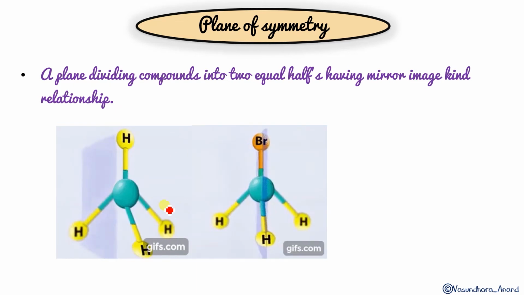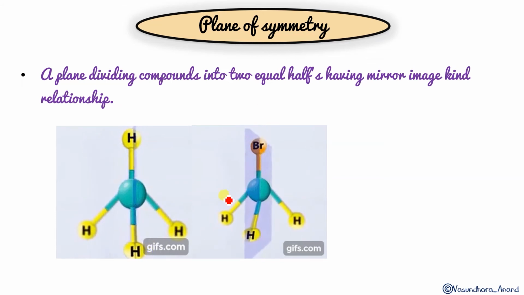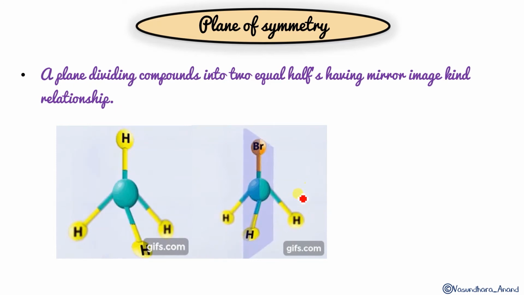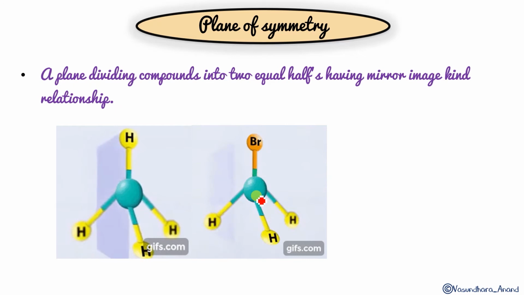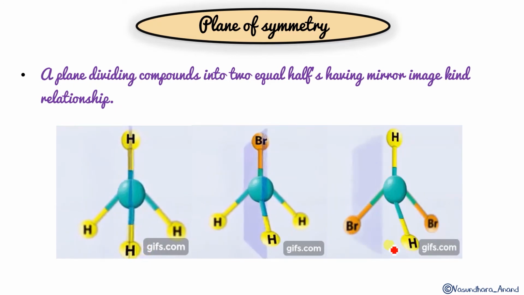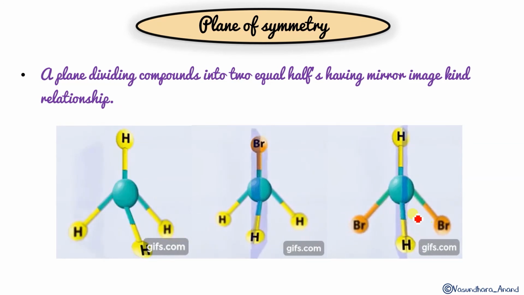In this case also, although this is bromomethane, with this plane we can see that we are getting two equal parts. Yes, other planes are not there. But in this case only one plane is there, due to which we get the plane of symmetry. Here also we can see this is dibromomethane. If we check this plane, we get the same molecules, isn't it?